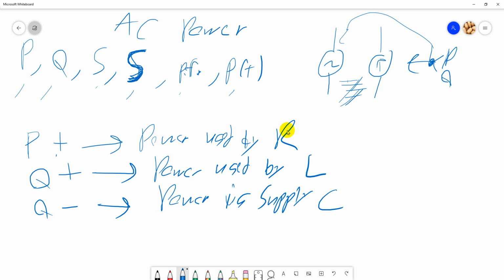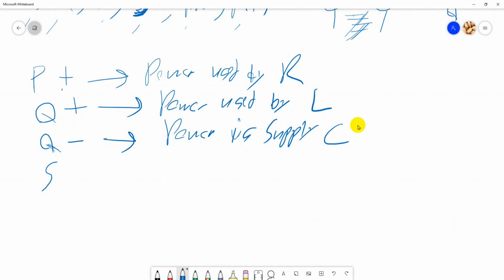Then based on this, you have S. So basically S is just the apparent power, and this one is always positive.